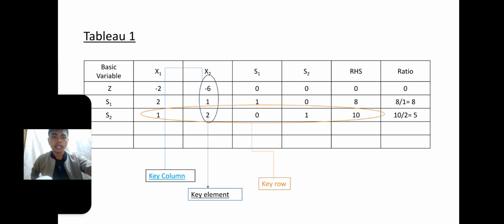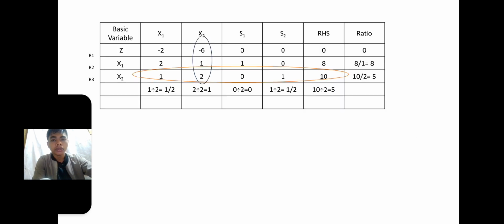So we can get the x sub 2 row: 1 divided by 2 is equal to 1 half, and 2 divided by 2 is equal to 1, and 0 divided by 2 is equal to 0, and 1 divided by 2 is equal to 1 half, and 10 divided by 2 is equal to 5.